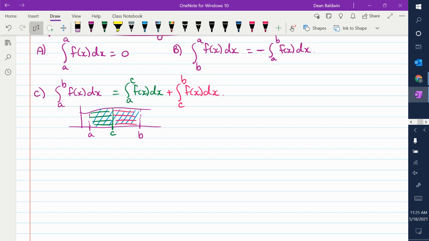And I've already talked about these ones, but we might as well, they fit in here again. If you have constants, even with definite integrals, I can pull the constant out, k.